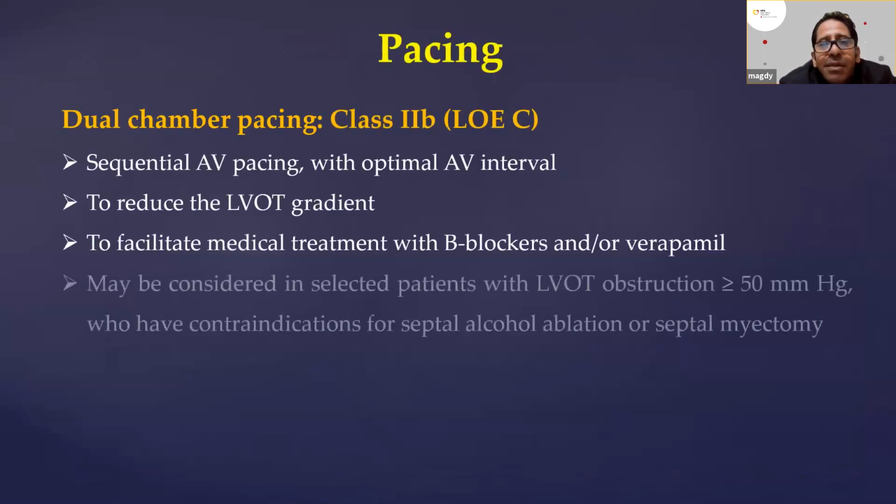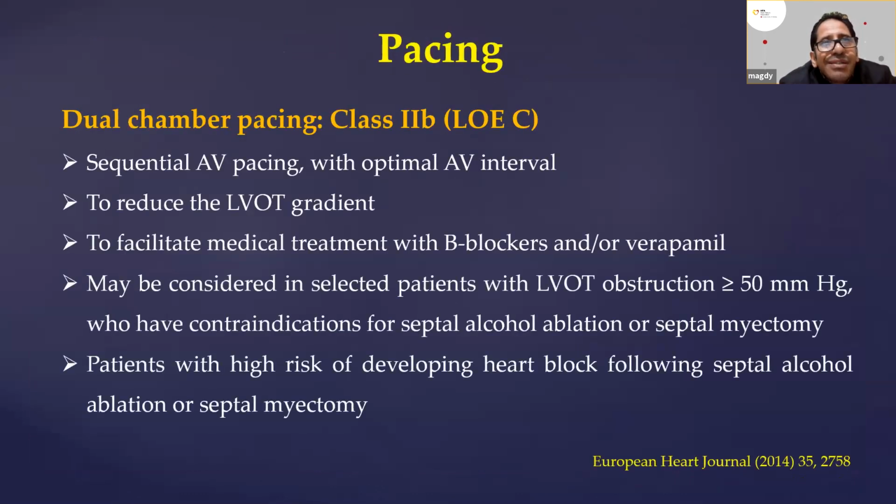Dual chamber pacemaker, which was considered a treatment strategy in 1994, is a new modality for those patients. The idea is to induce a paradoxical septal motion. This leads to widening of the left ventricular outflow tract, with a drop in the gradient, by doing sequential AV pacing with an optimal AV interval. It's a class 2B recommendation.